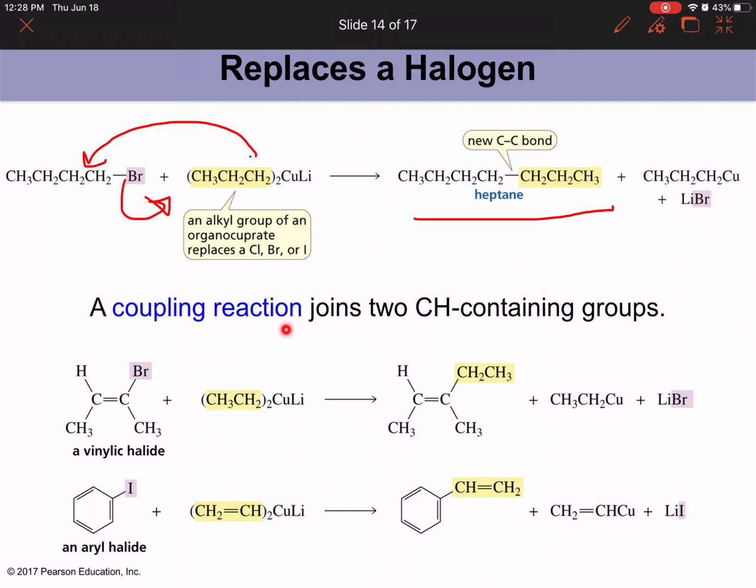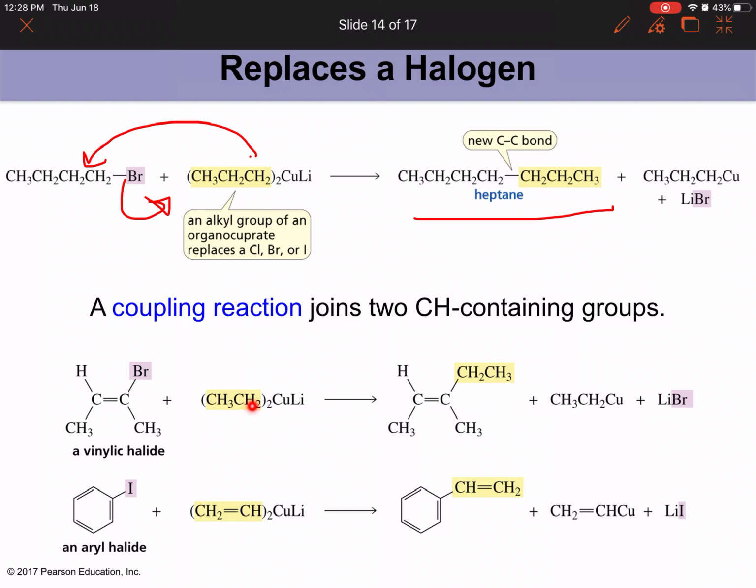And a coupling reaction joins 2 carbon-hydrogen containing groups. So again with the organocuprate, this is not organolithium, this is a cuprate since we have copper. One of these ethyl groups can react with this carbon and then it leaves bromide.